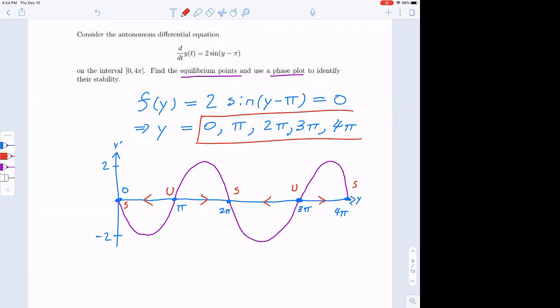Now remember that there's a stability criterion for both autonomous differential equations and for difference equations, and the criterion is different for those two cases. The stability criterion here would be to take the derivative, and wherever that derivative is negative, we would have a stable point of equilibrium.